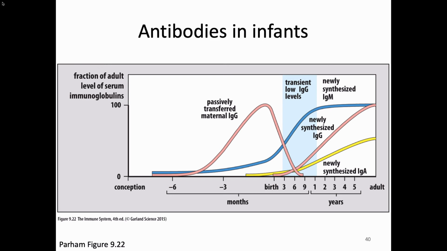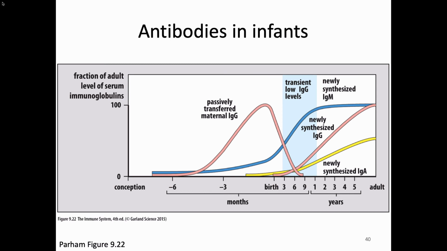This is important for a couple of public health issues. So people sometimes get really angry about the vaccine schedule. Oh my gosh, why does my baby have to get a whole bunch of shots all at once? That vaccine schedule is actually set up so that the baby is getting their shots as soon as mom's IgG is gone, because if mom's IgG was still there, it would actually inhibit the vaccine.